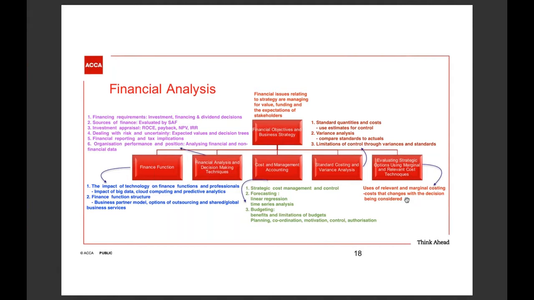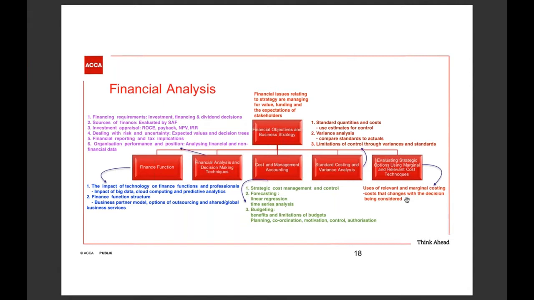If you decided to pursue that particular option, you may want to look at what additional costs you may incur, and what it is that you may save. So, things that are changing because of the decision that you make.